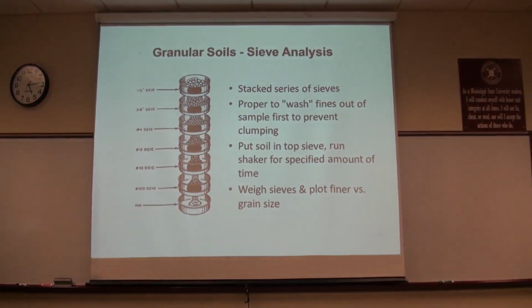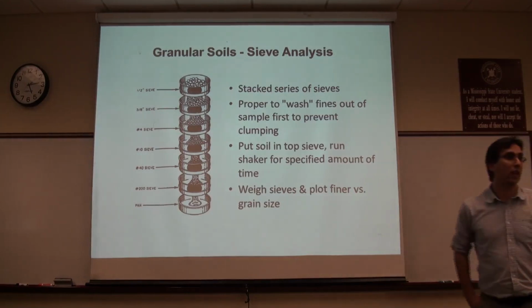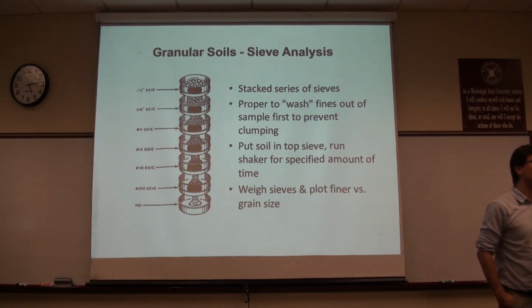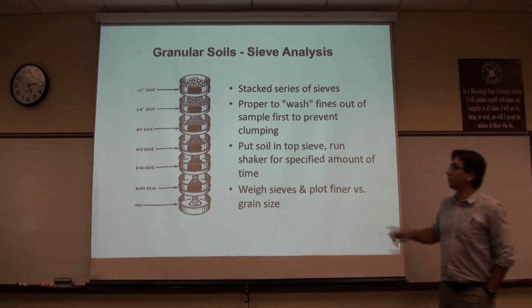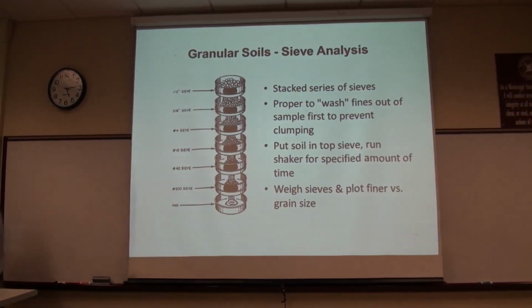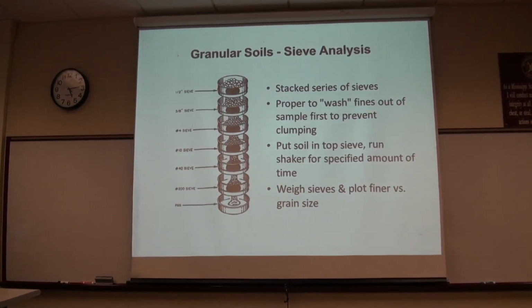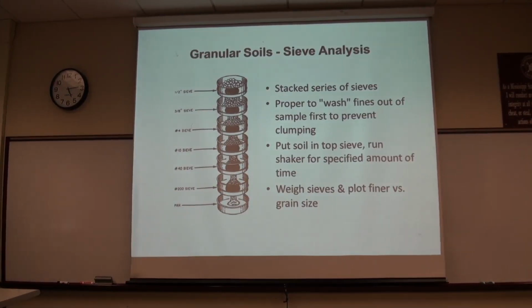For USCS, we have an ASTM standard, and I would say it is the most commonly used classification system. We will discuss soil classification. You usually have at least, I think, one or two problems on soil classification. So it's easy, it's just a matter of using your chart. How do you use the table and chart?